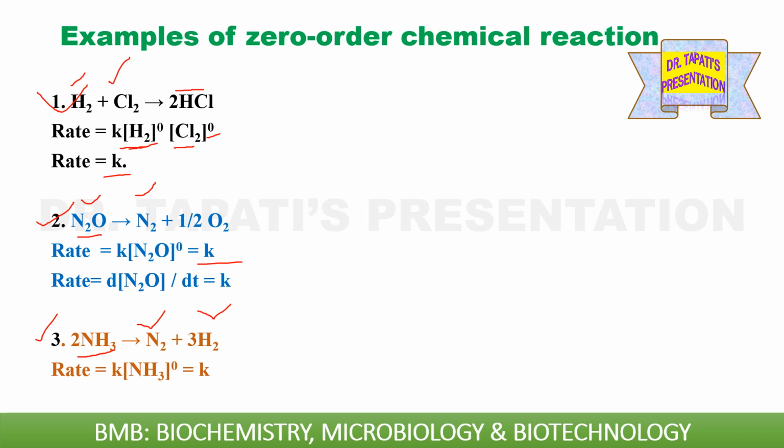Hence, rate of the reaction is equal to K into NH3 power of 0. As power of NH3 is 0, the rate of the reaction is only K. These are the examples of zero order chemical reaction.